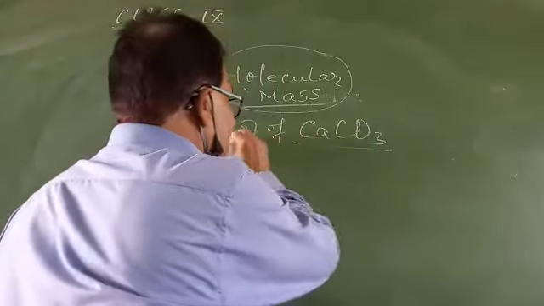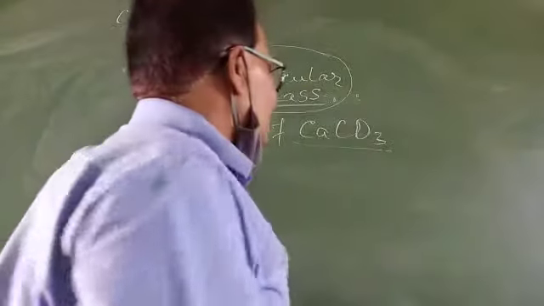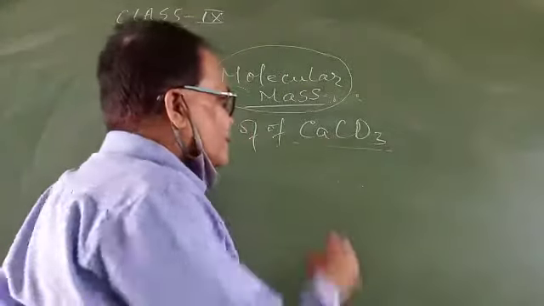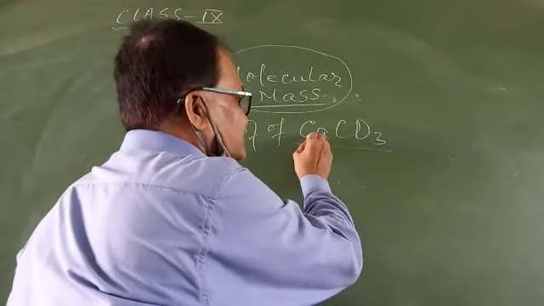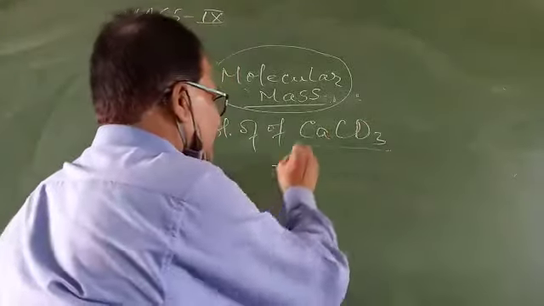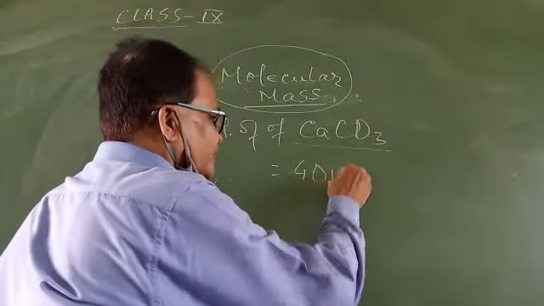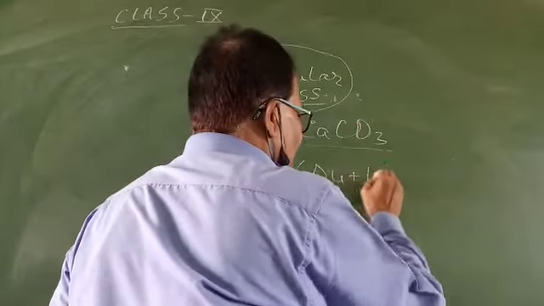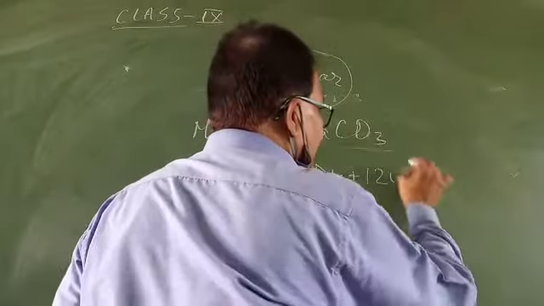So, molecular mass of calcium carbonate, CaCO3, will be obtained by adding the masses of atoms of calcium, carbon, and oxygen. Here, atomic mass of calcium is 40 units, carbon 12 units, plus oxygen.